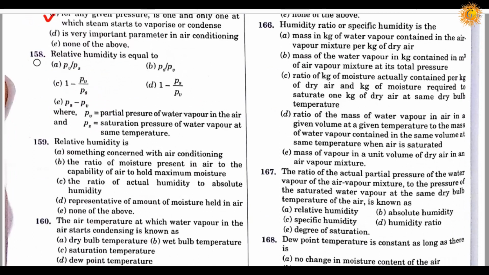Question number 158. Relative humidity is equal to option A, PV upon PS, option B, PS upon PV, option C, 1 minus PV upon PS, option D, 1 minus PS upon PV, option E, PS minus PV, where PV is the partial pressure of water vapor in the air, and PS is the saturation pressure of water vapor at some temperature.